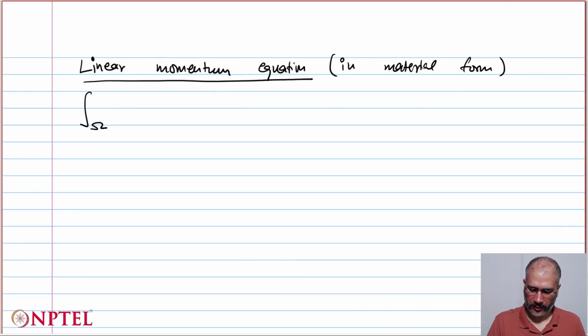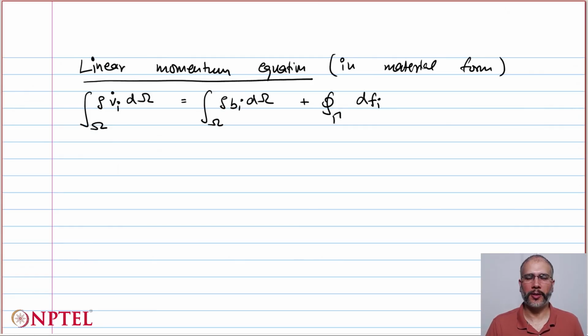So the time rate change of the linear momentum, which is written as rho Vi dot, where the d by dt goes on the velocity like this. This is equal to sum of the body forces and the surface forces acting on the body or a sub-volume that we have assumed to consider.